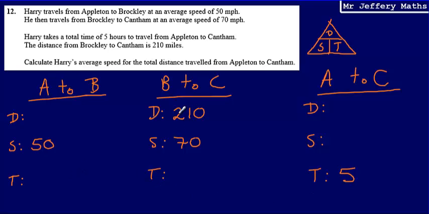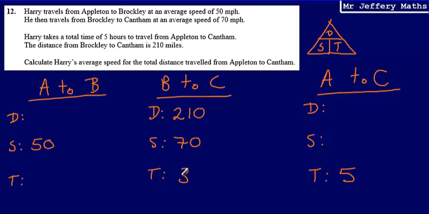So I'm going to do 210 distance divided by the speed, which is 70, and so I can say that my time here is 3 hours. Just using that formula, distance divided by speed will give me time. So 210 divided by 70 gives me 3.